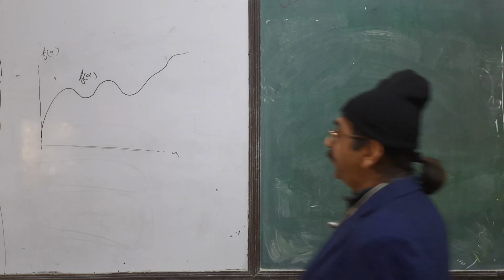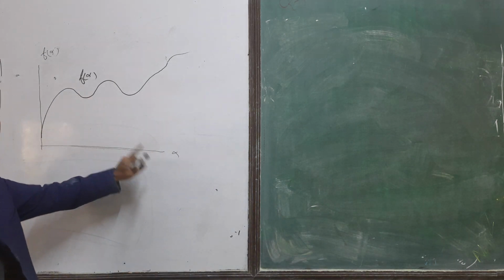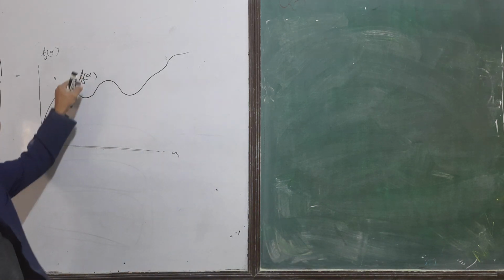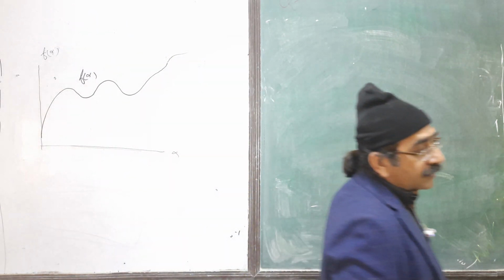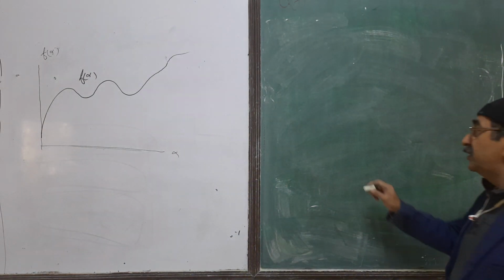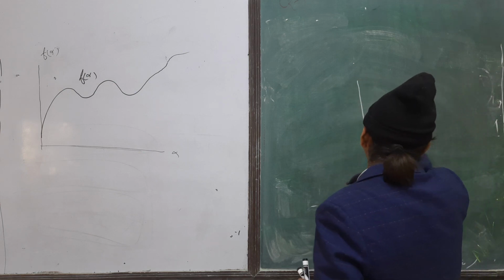Okay. So if there is a simple variable, alpha, then f of alpha. But in the case of complex numbers, that becomes 4-dimensional.